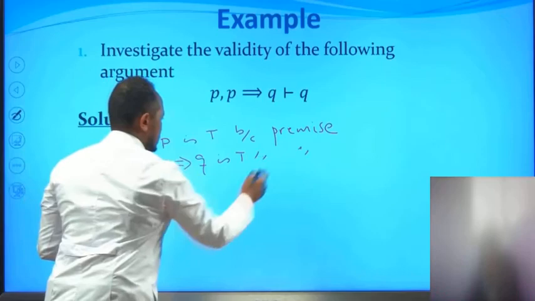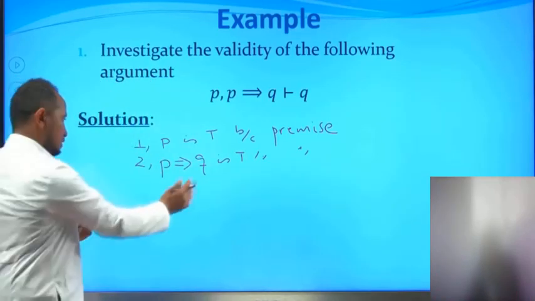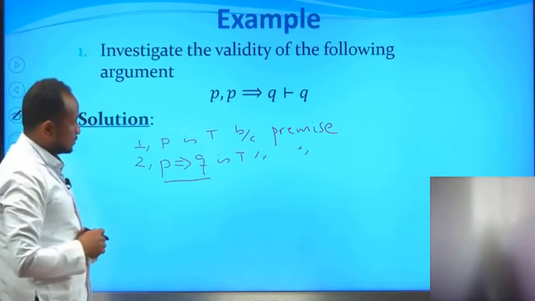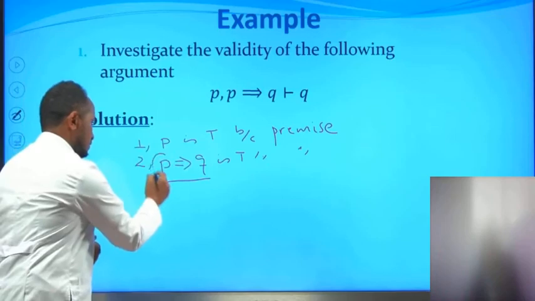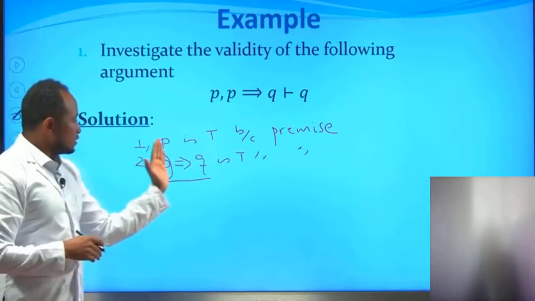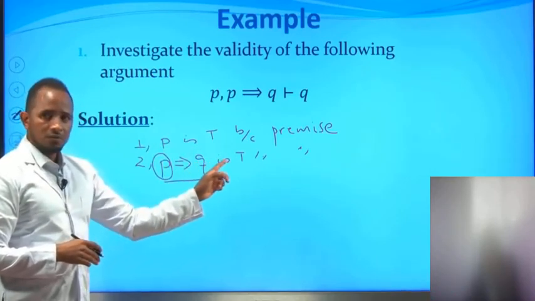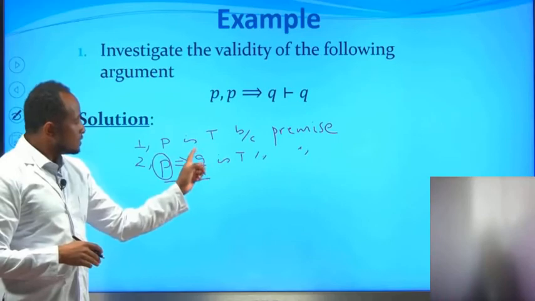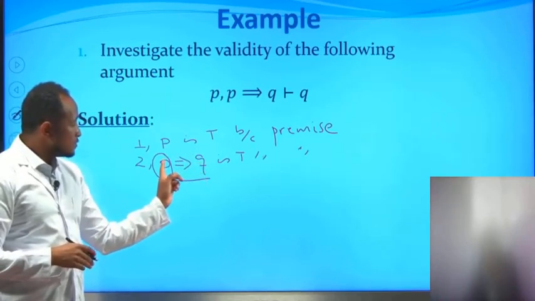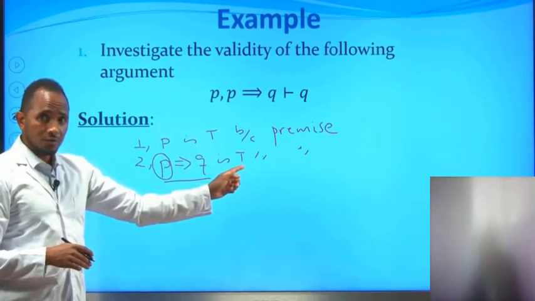So from 1 and 2, you can see that P is true and P implies Q is true. So true implies Q gives you true, so this Q must be true. If it were false, true implies false would give false. It can't give you true.